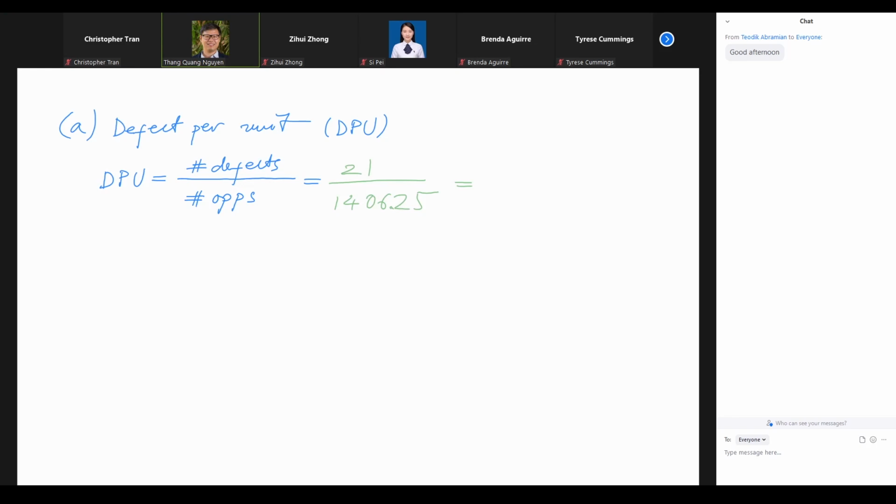Then we have the following result, 0.01493. And to make it a little bit easier to grasp the number, we convert that to 1.49%. So we can call that a defect per unit, or we can call that a defect probability. Let me make a note right here.